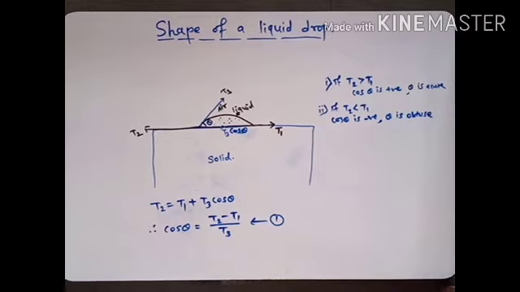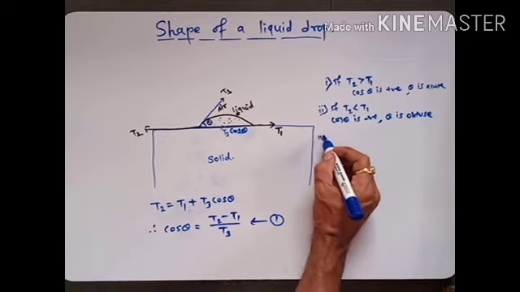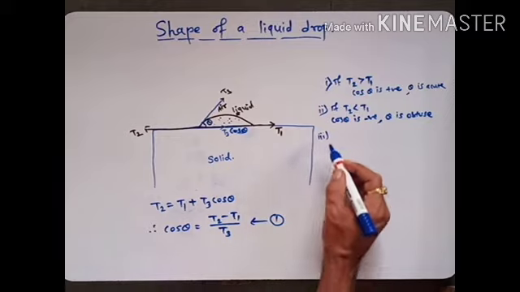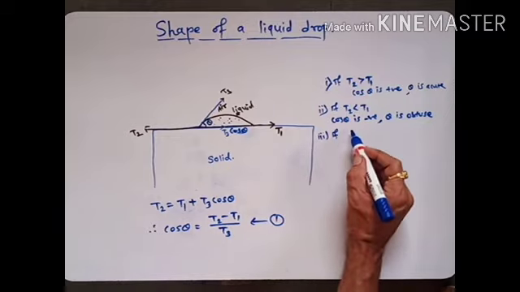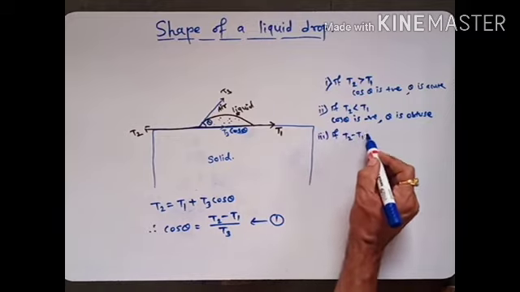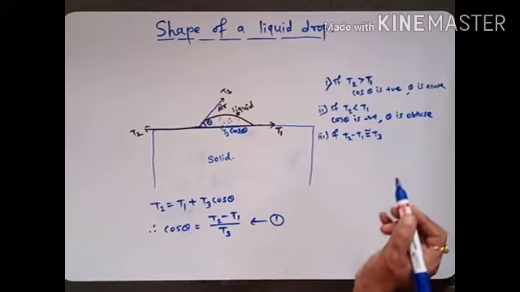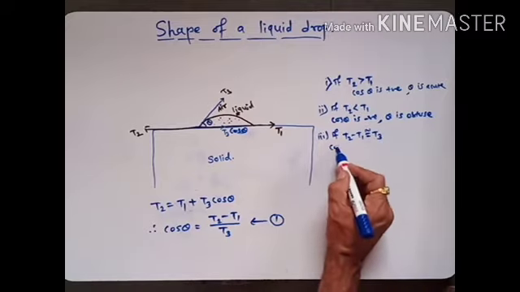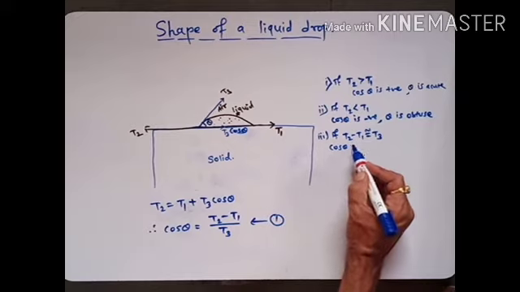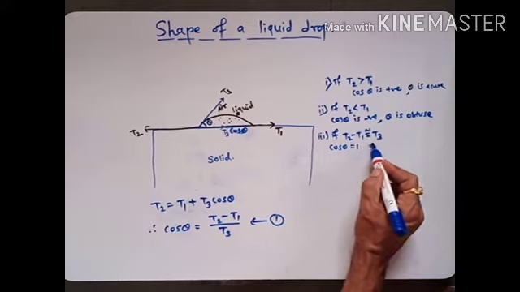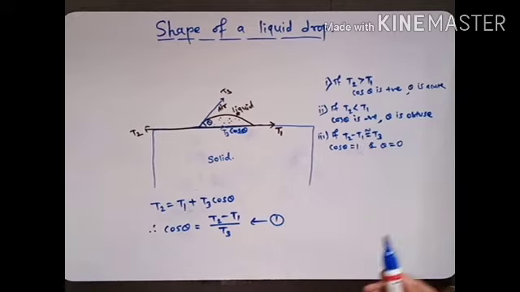Third, if T2 minus T1 is nearly equal to T3, then cos theta is equal to 1 and theta is equal to 0.